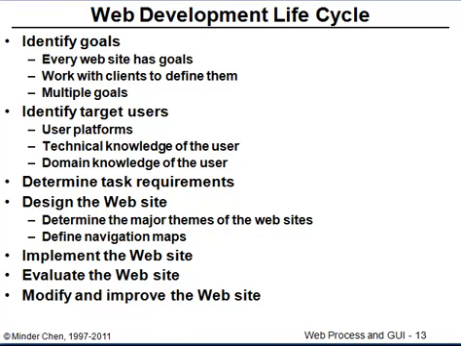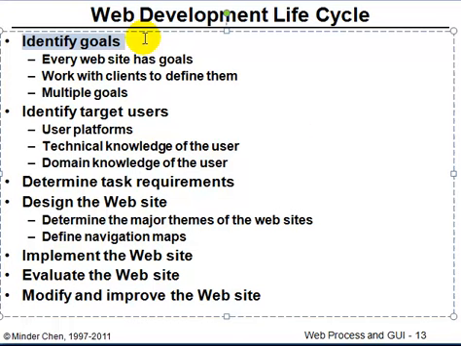Let's look at a typical website development life cycle. The first thing you want to do is to identify the goal of your website, and you need to work with your potential client to define the goals for the website.